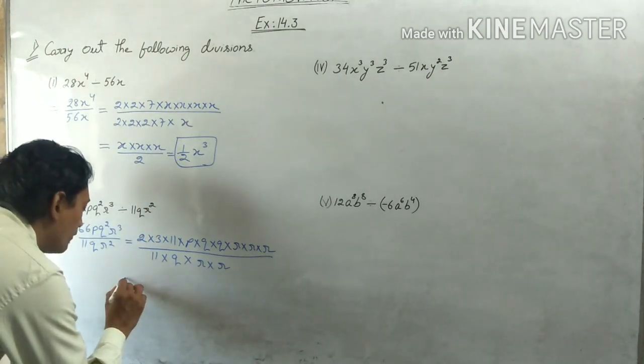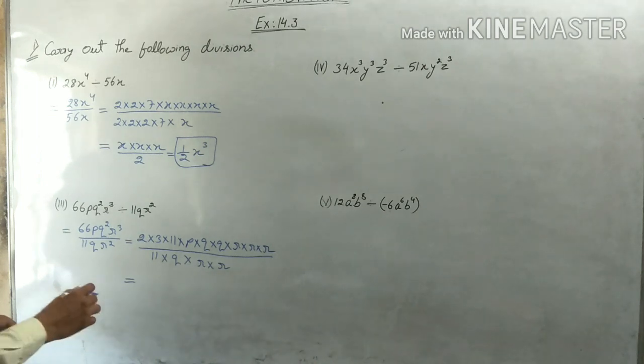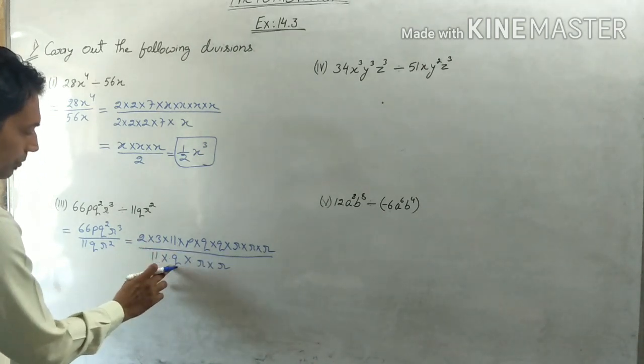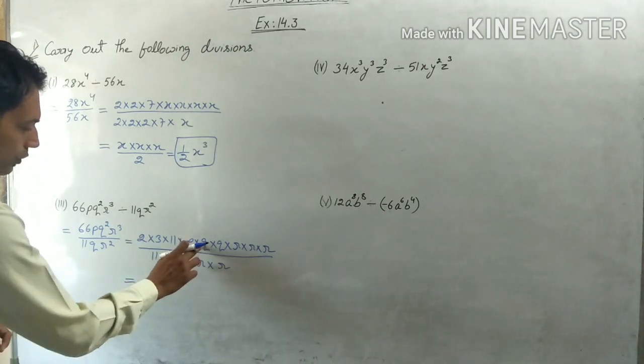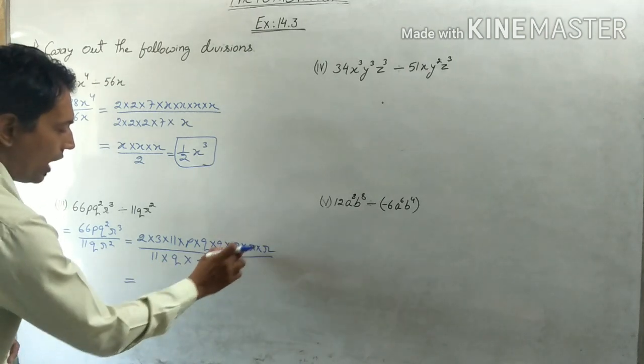Again, cancelling the common factors in the numerator and the denominator, we get: 11 gets cancelled, q on the numerator and denominator gets cancelled, r into r gets cancelled.